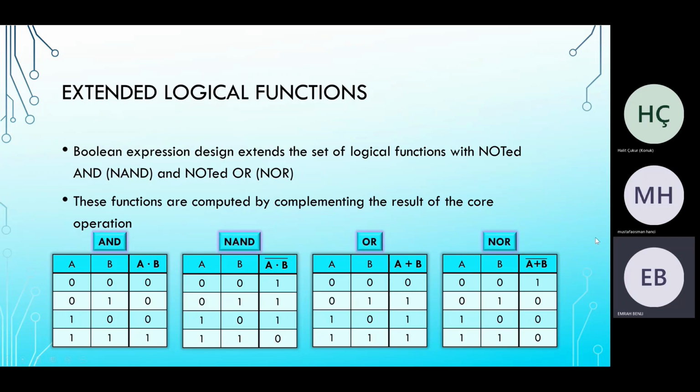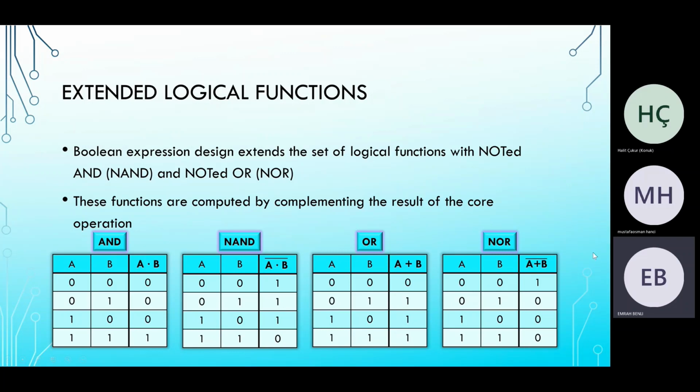So if we want to have this one, we are getting complement of A and B and complement of A or B. What we expect is, I was going to ask that, but we just get the complement of this output. 0 will be 1, 0 will be 1, 0 will be 1 in the output, and 1 will be 0. And if we go OR and NOR, 0 will be 1, 1 will be 0, 1, 0, 1, 0.